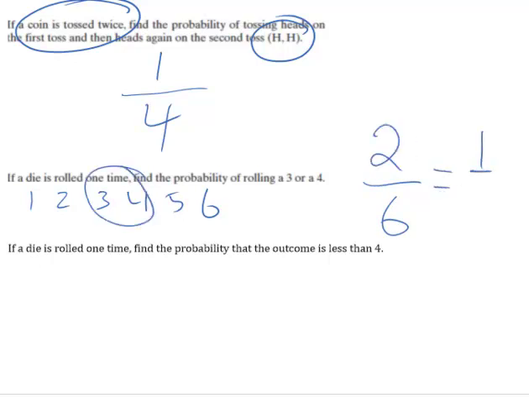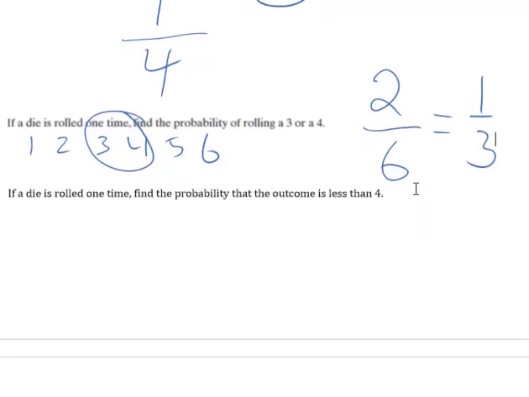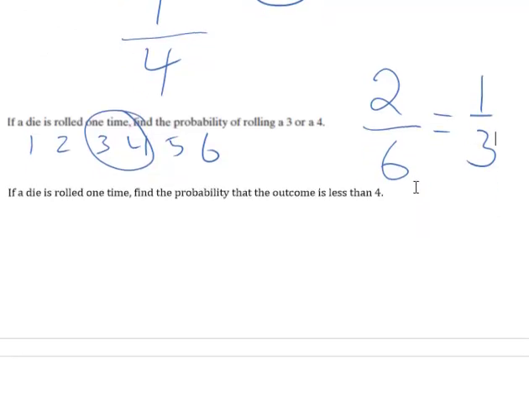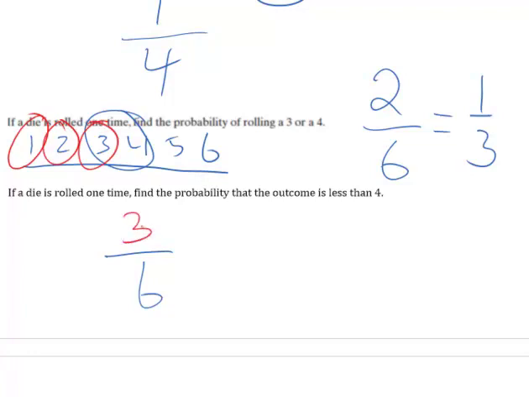I can reduce that fraction to 1/3, so I'll go ahead and do that. The next part says if a die is rolled 1 time, again, I have 6 possibilities. These are my 6. What is the probability that the outcome is less than 4? Well, 1, 2, 3 of my numbers are less than 4. That fraction reduces to 1/2.